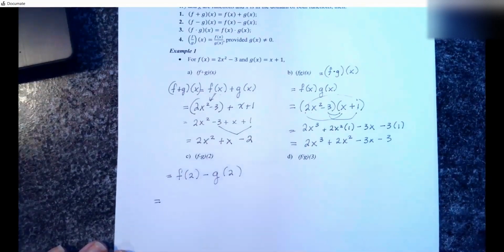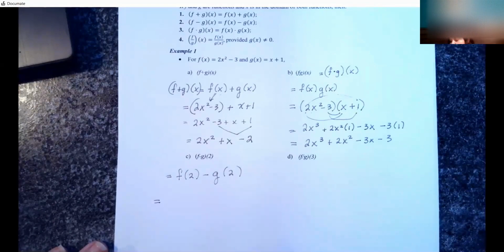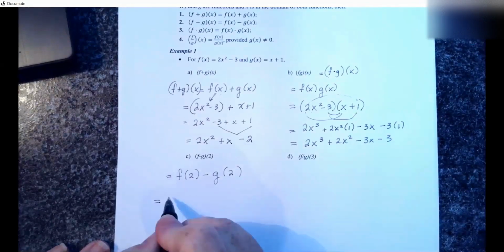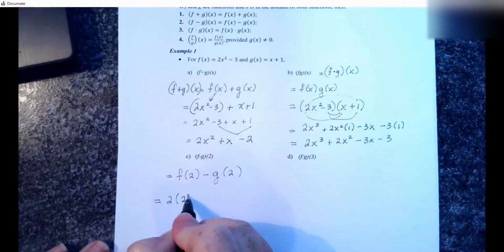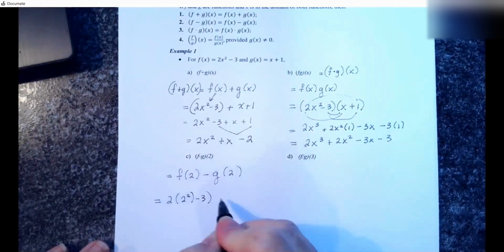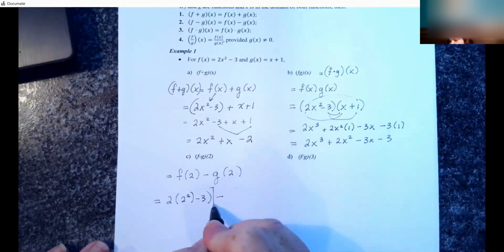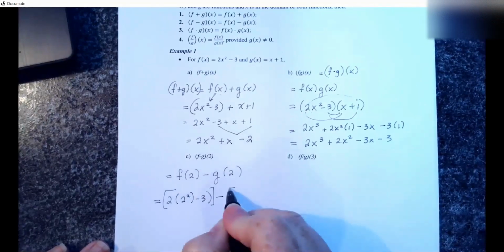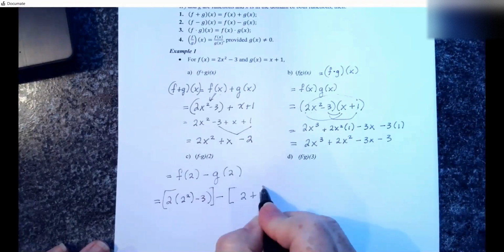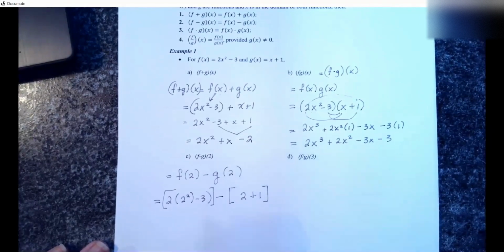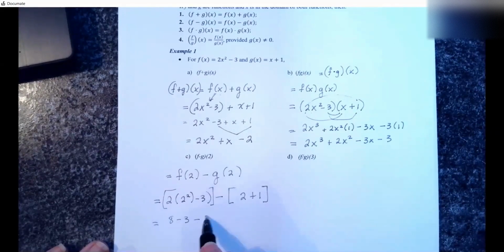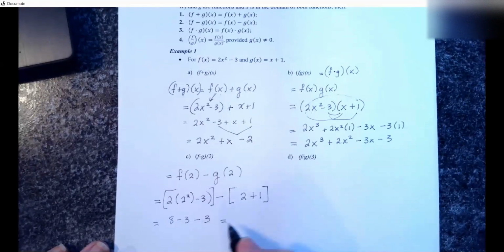You just have to do a little bit more work, because your f of 2 is what you get when you replace the x in the function with 2. So f of 2 would be just 2 times 2 squared minus 3, and then g of 2 would be 2 plus 1. So let's see, this would be 4 times 2 is 8 minus 3 minus 3, or overall 2.